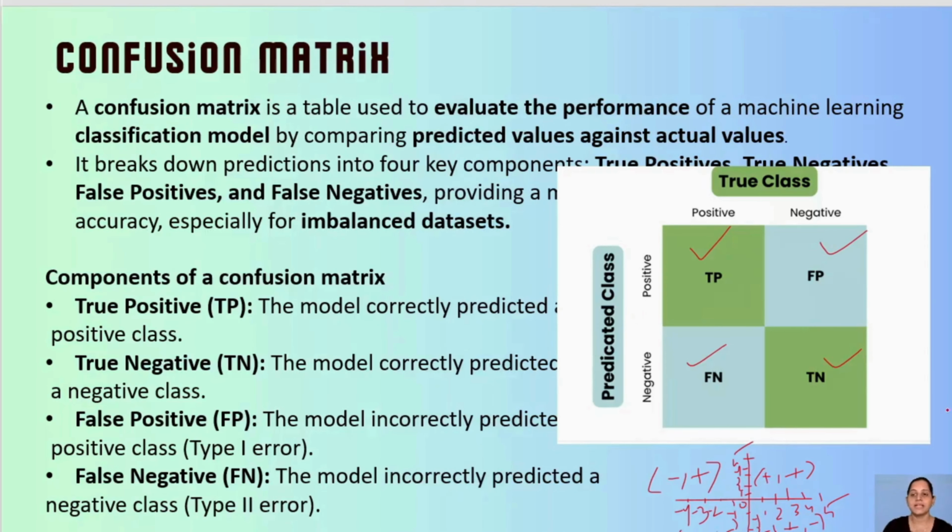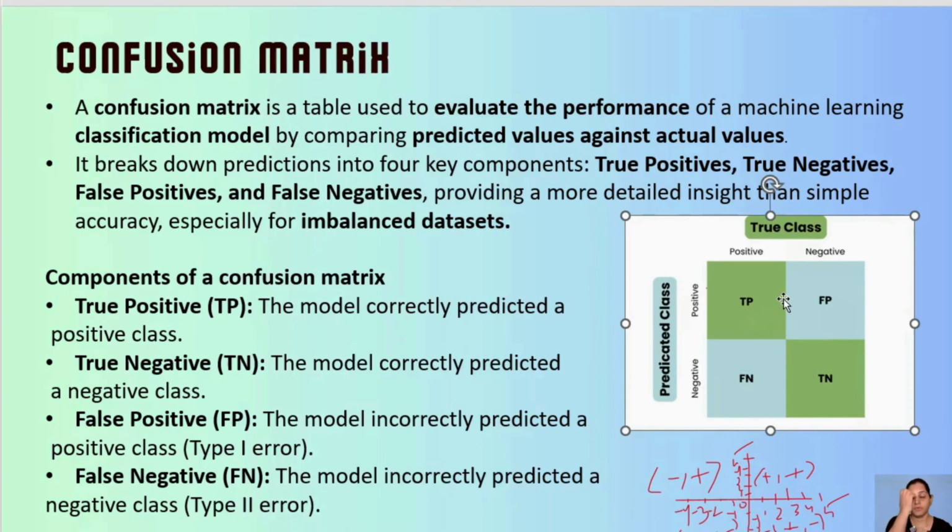Let's understand what a true positive is first, because this is the first one. A true positive is nothing but how your model correctly predicted a positive class. Again, what is a positive class? What is a negative class?